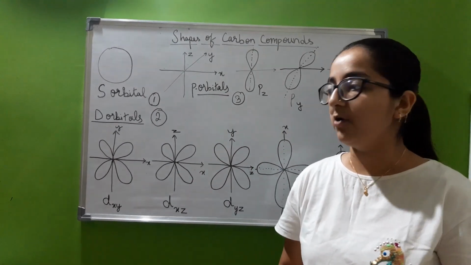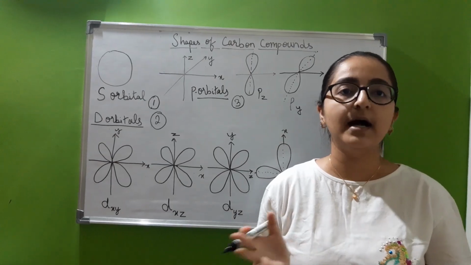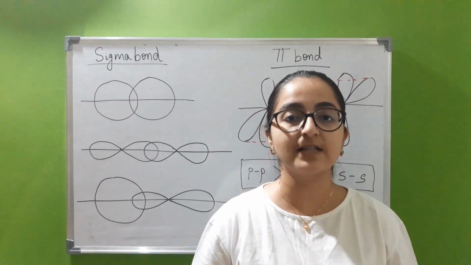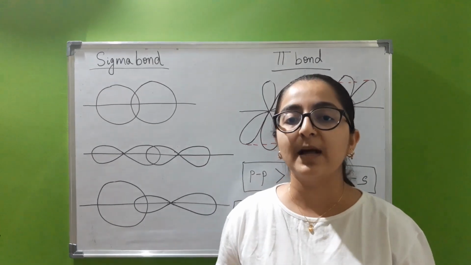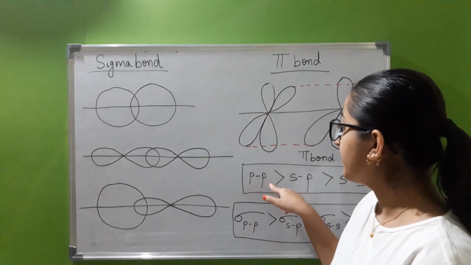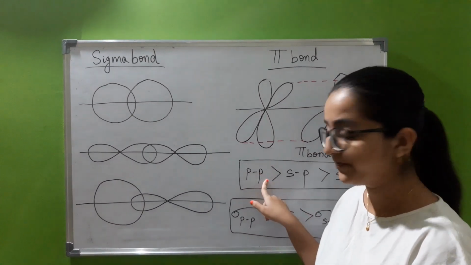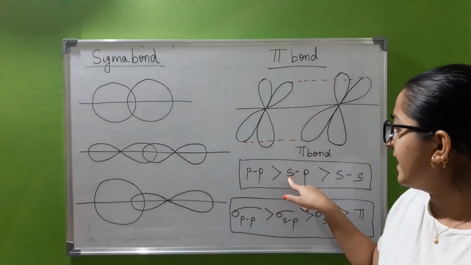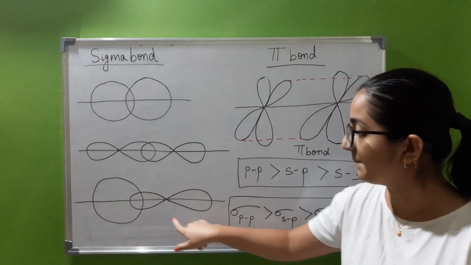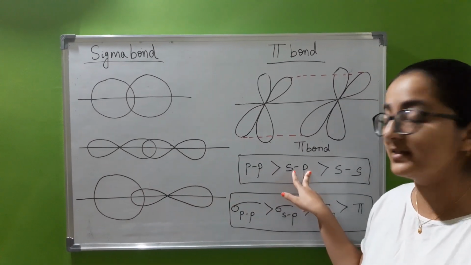Now we are going to be talking about how these orbitals are involved in the formation of sigma and pi bonds. So before moving on, I want to discuss the strength of the bond formed by the overlapping of these particular orbitals. When a p and p orbital overlap each other, they form the strongest bond. When an s and p orbital overlap each other, they form the second strongest bond in this category.